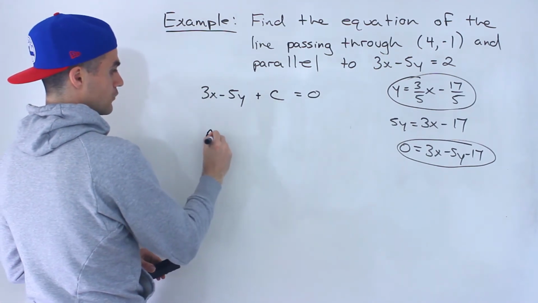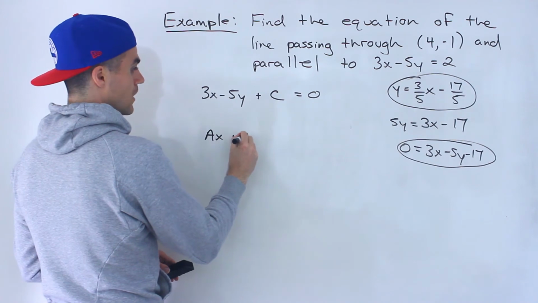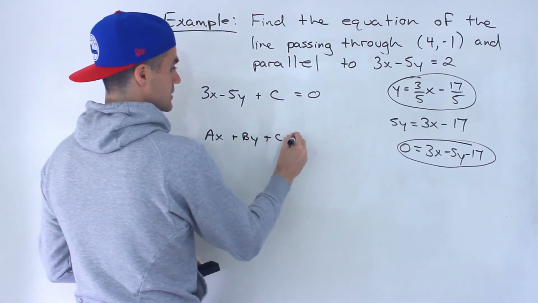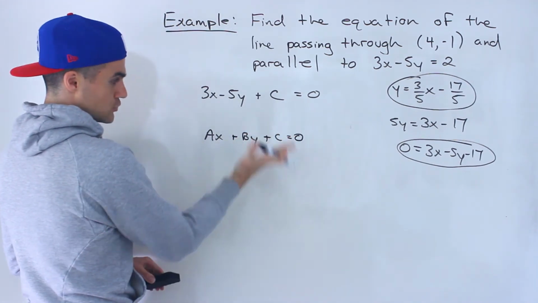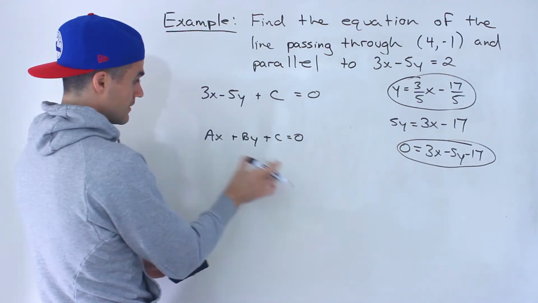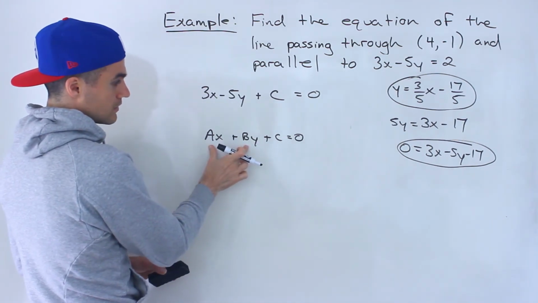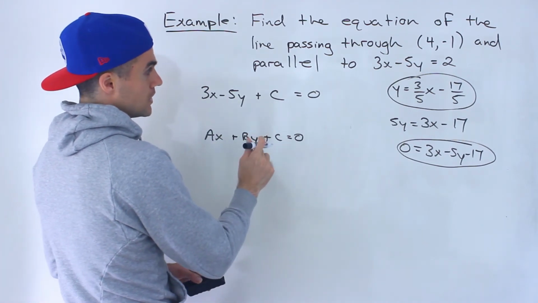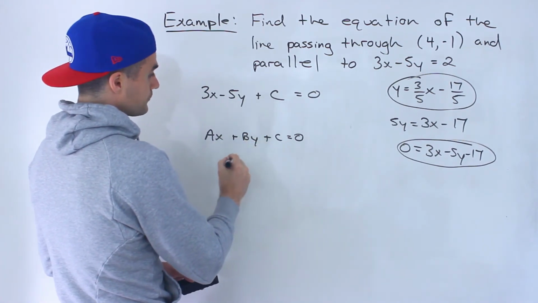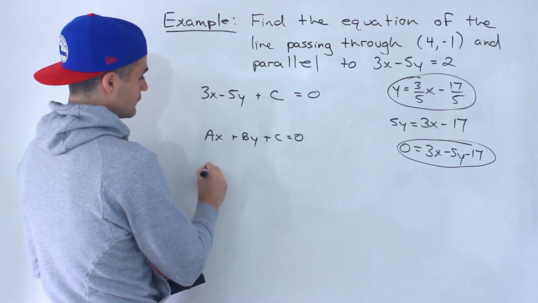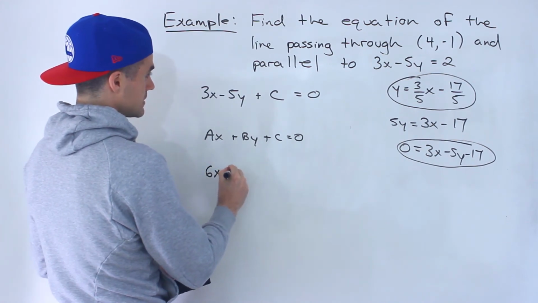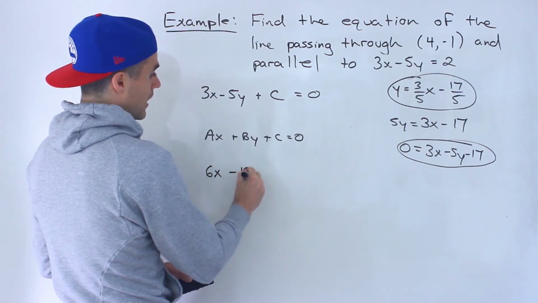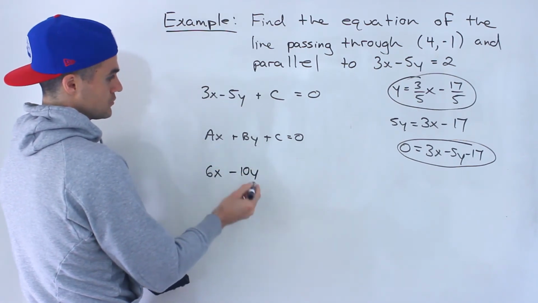Remember, standard form is ax plus by plus c is equal to 0. And if two lines are parallel, then the a and the b are going to be the exact same thing, or the ratio is going to be the same thing. So for example, we can have a 6x minus 10y as well, because the ratio would be the same.